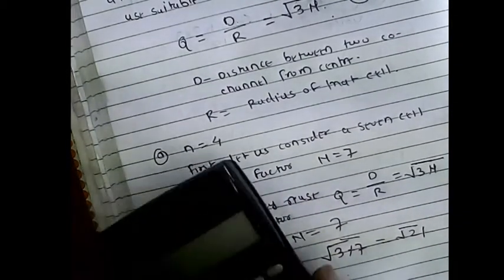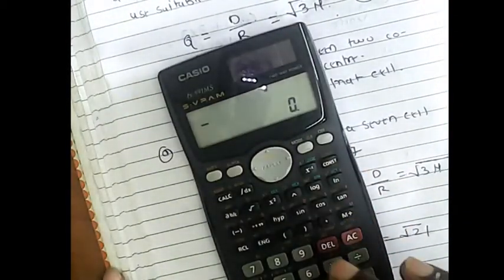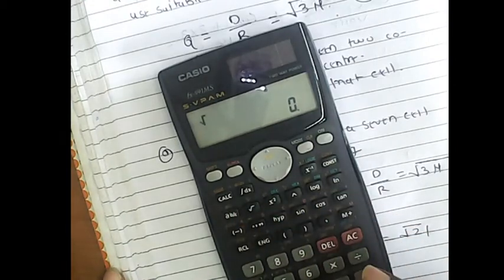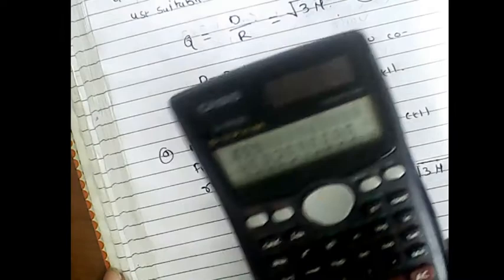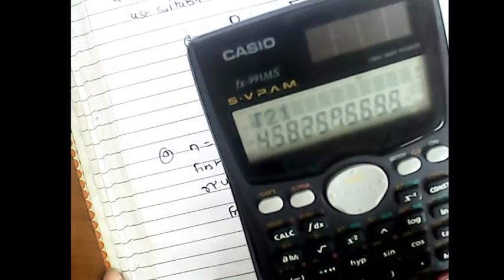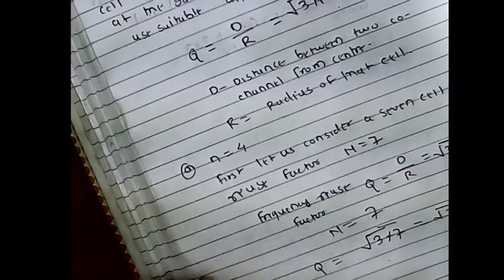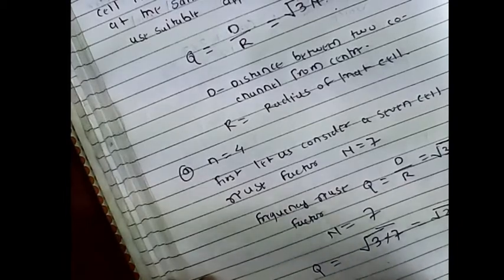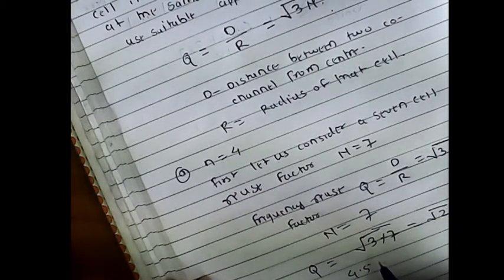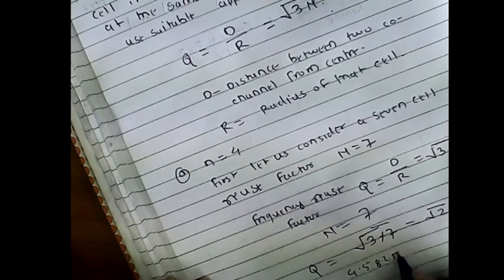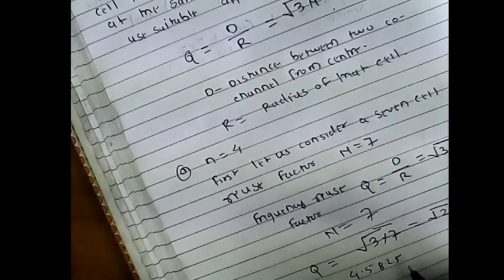If we calculate on the calculator, root 21 comes out to 4.5825. So Q, the frequency reuse factor, is 4.5825.